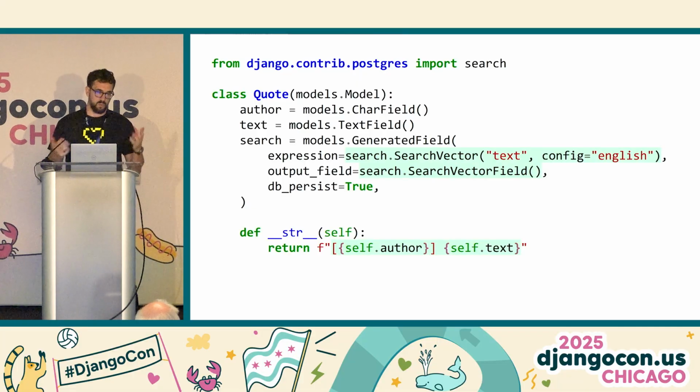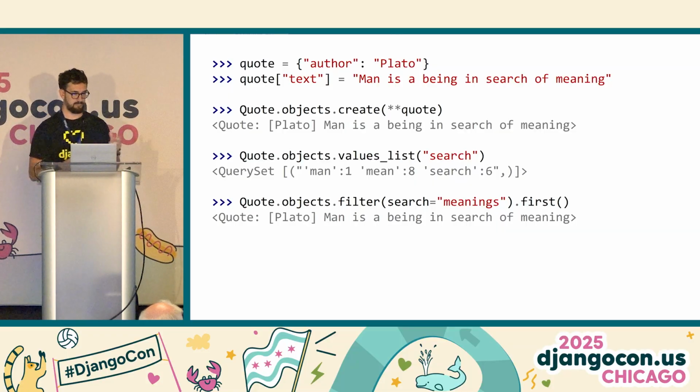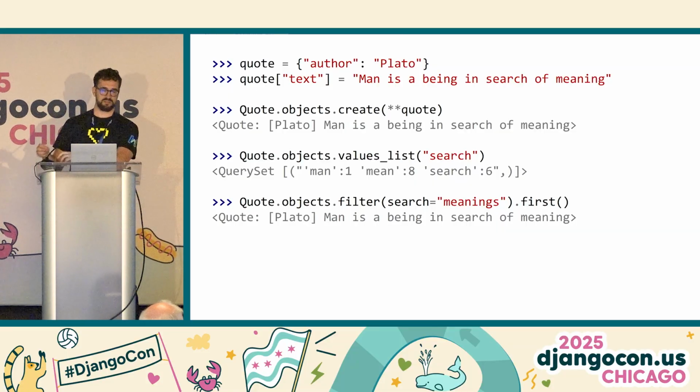If we have a quotes model with author and text, we can generate automatically a search vector field for us. And we can see this in action. So let's see, we have a quote from Plato in this case. We instantiate the quote. And what we can see with the values list is the vector generated automatically for us.